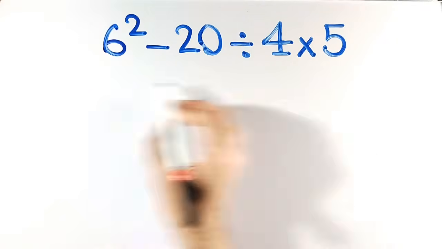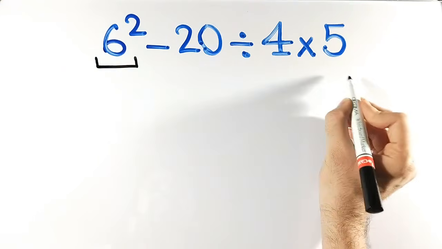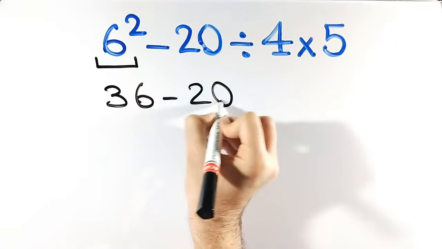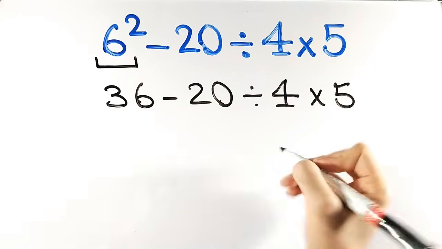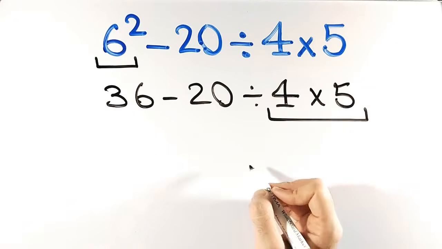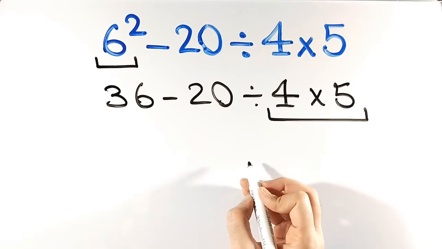Also, some other people when solving this question again go straight to the exponent, and instead of this equation, they write 36 minus 20 divided by 4 multiplied by 5. And the next step, they go for the multiplication between 4 and 5 because they believe multiplication has priority over division.